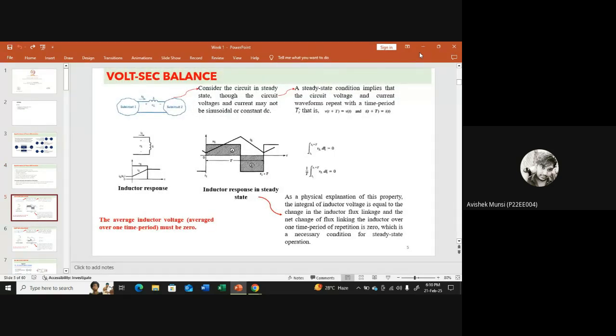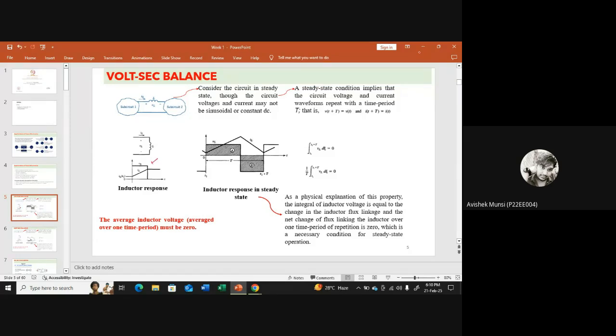What volt-second balance deals with is this: if you have an inductor, with IL as the current and VL as the voltage across it, then the response will be like this.